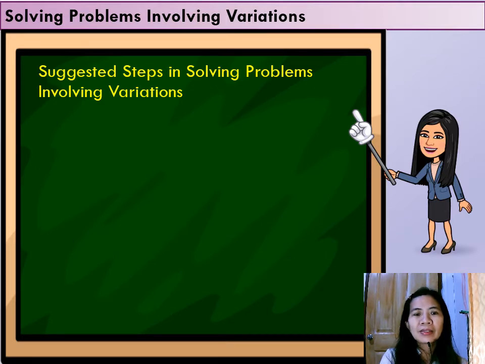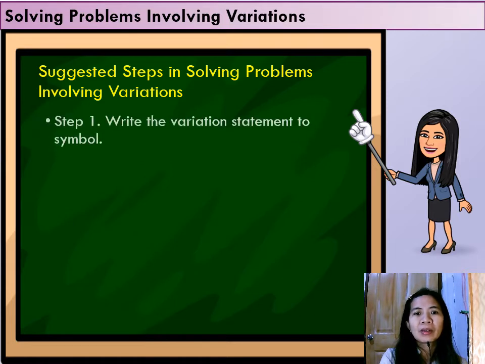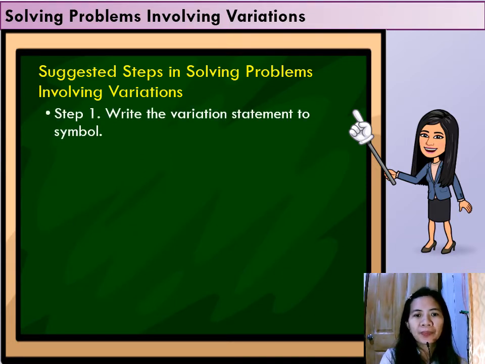Okay, so let's have here the suggested steps in solving problems involving variations. What are the steps that we have to follow? Step 1: Write the variation statement into symbols. We have to understand the given statement and write it as a mathematical equation or symbol.